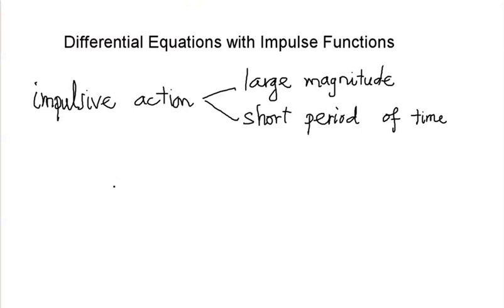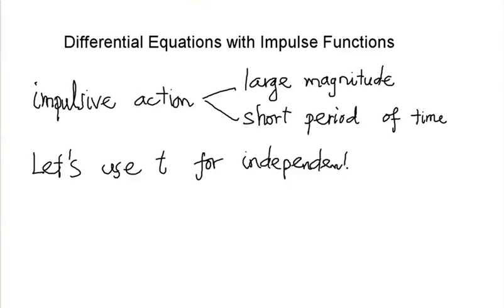So to give a mathematical model, for now, let's use t for the independent variable. Usually we use x for the independent variable. We'll switch to x later on, but for now, t represents time.